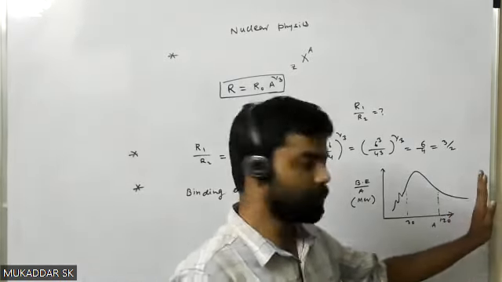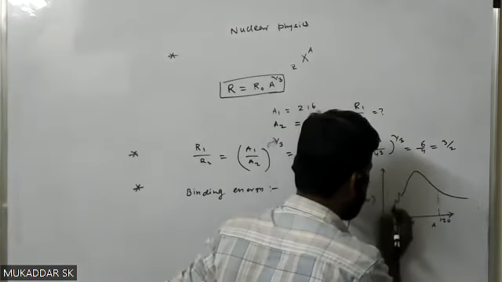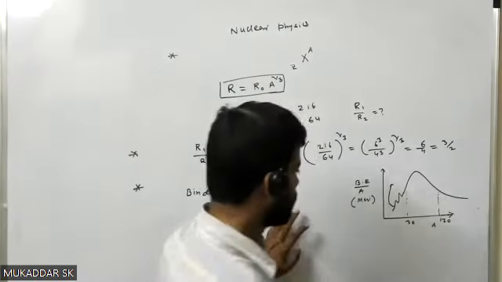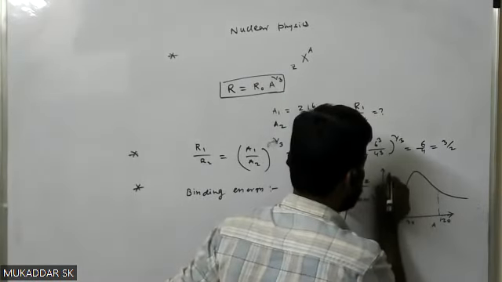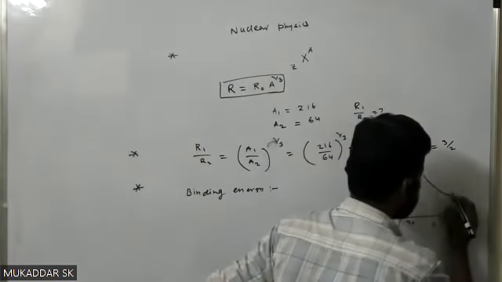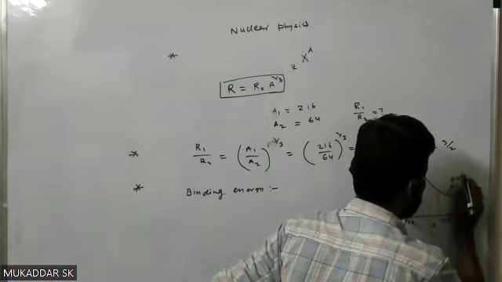So the nucleus on this side is also unstable, and on this side too. Light nuclei are basically unstable. On this side, those nuclei will undergo nuclear fusion, and on this side, they will undergo nuclear fission.